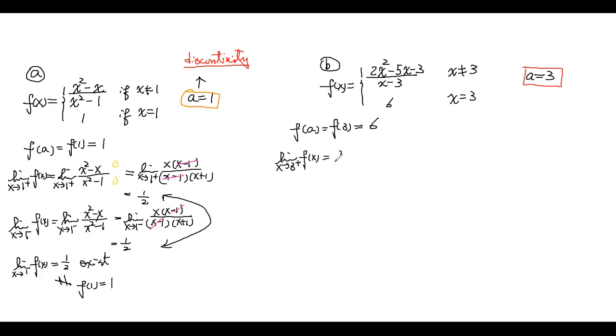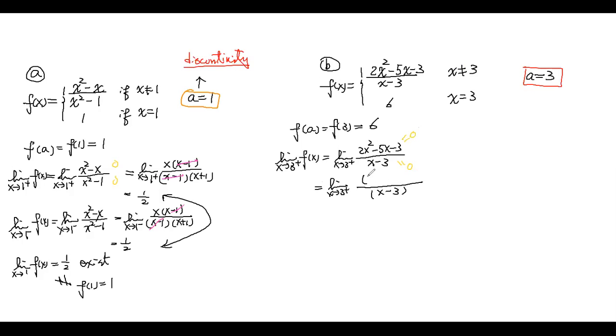So this will be equal to the limit as x approaches 3 from the right-hand side of 2x squared minus 5x minus 3 over x minus 3. If you put x equal to 3, it will be 0 over 0, right? So you need to manipulate it a little bit to get the answer. Then I do a factoring on the top.